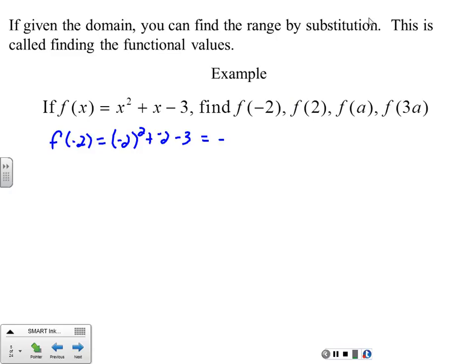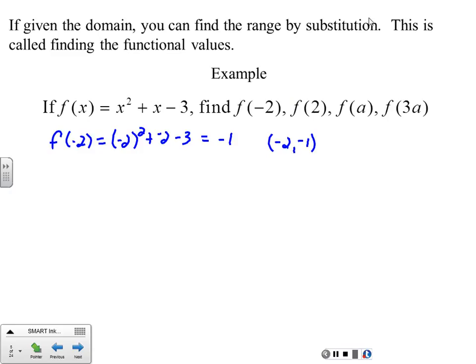What have you just found? Connect the dots. What did you just find? The range. You just found the y value. So could you make an ordered pair? What's the x value? What's the y value?